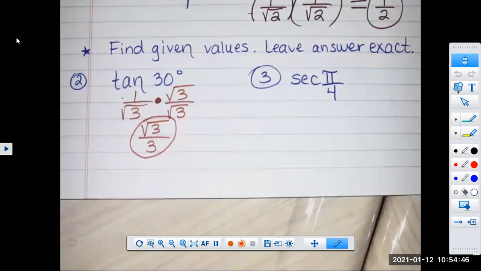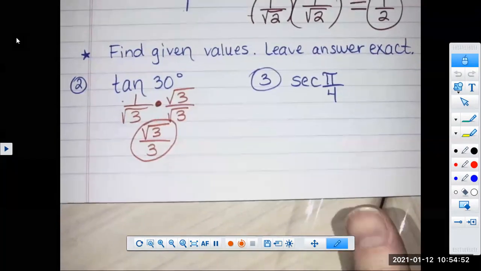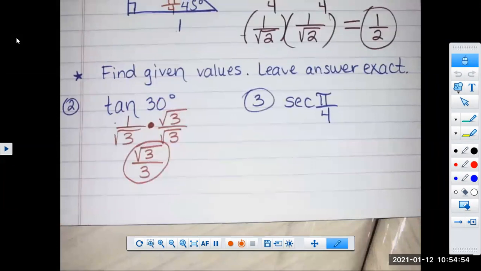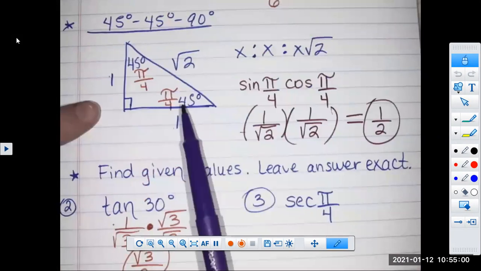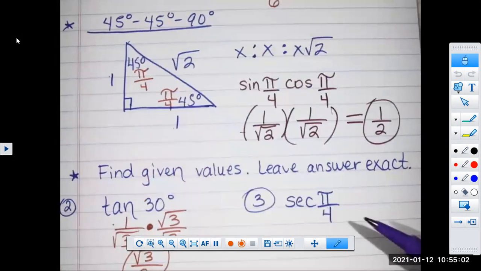Okay, secant of pi over 4. Pi over 4 is what angle? Good, it's 45. 180 divided by 4 is 45. So going back up to your 45, 45, 90, in order to find secant, you need to find which trig function first? What is secant the inverse of? Cosine.